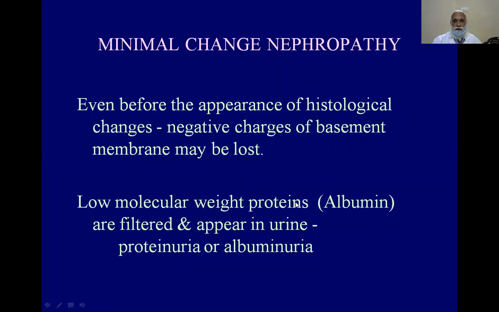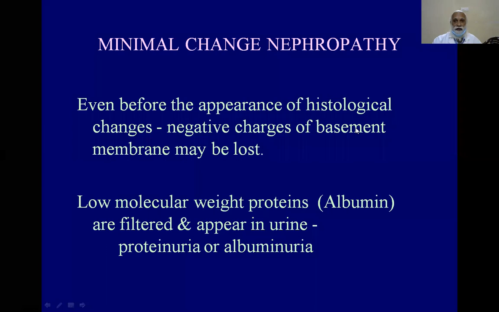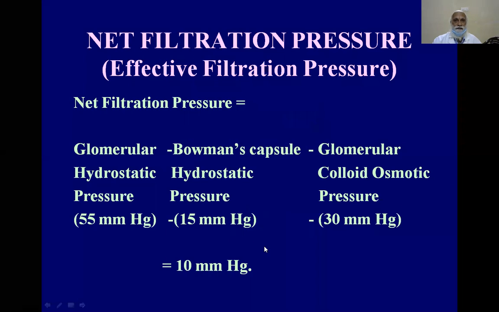So low molecular weight proteins like albumin are filtered and they appear in the urine. So if the charge is decreased from the basement membrane because of any damage, then you will find albumin appearing in the urine, which is called proteinuria or albuminuria.